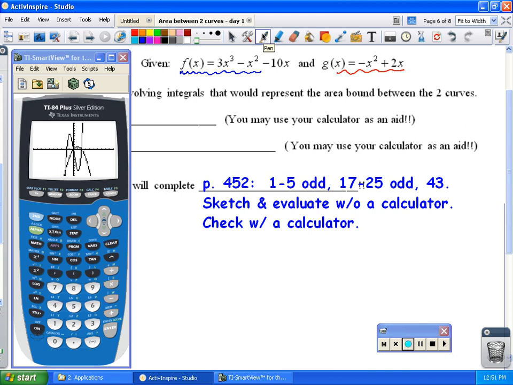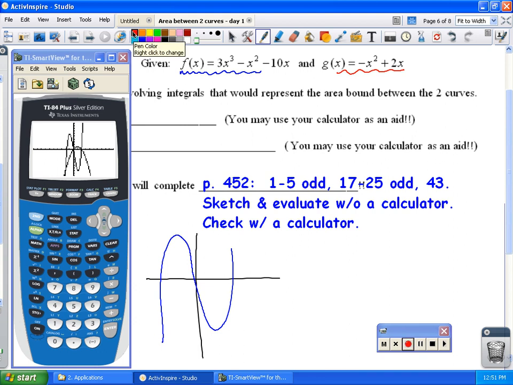So, let's make the axis. Blue curve is the cubic, and red curve is the parabola, and it looks something, I'm not going to draw it perfectly, but it looks something like that. Now, the bottom line is I'm hoping that you're noticing that there are two regions of area.